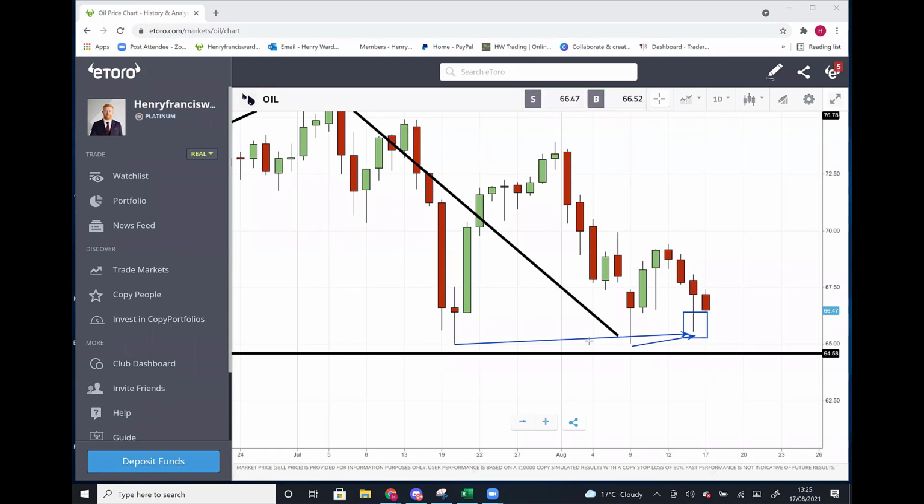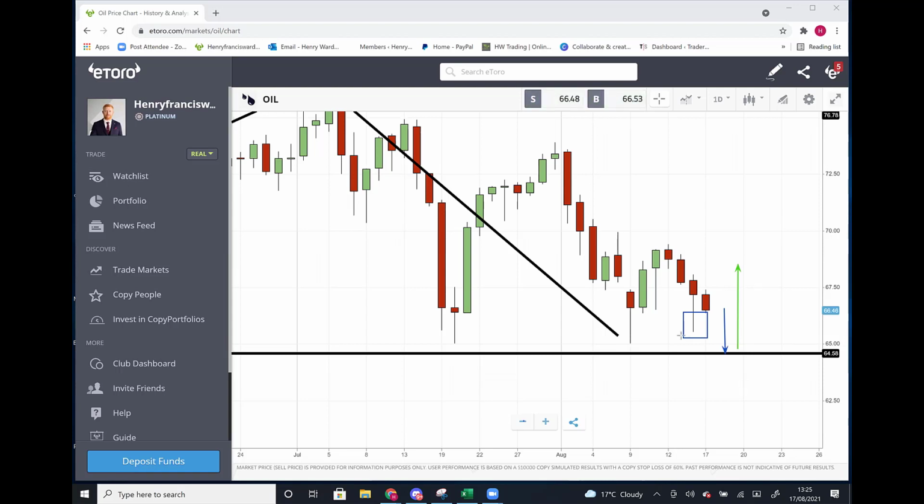Again, in this particular scenario, if this market came down, so it opens here and it comes down, it hits that level, and then starts going up, is that now stop loss hunting?